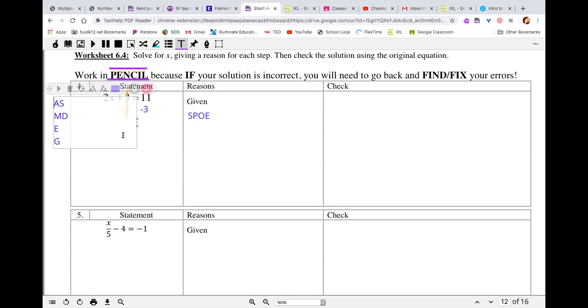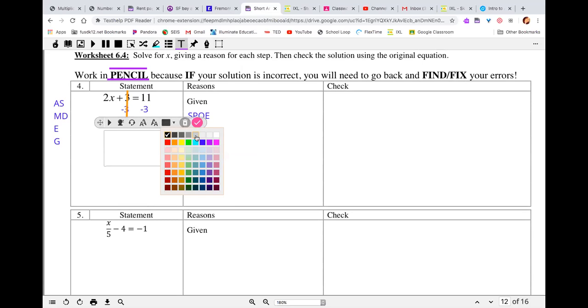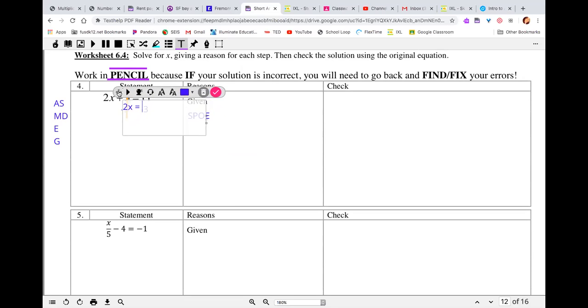Yes. Okay. So then I rewrite my equation. 2x equals, and what's 11 minus 3? 11 minus 3.